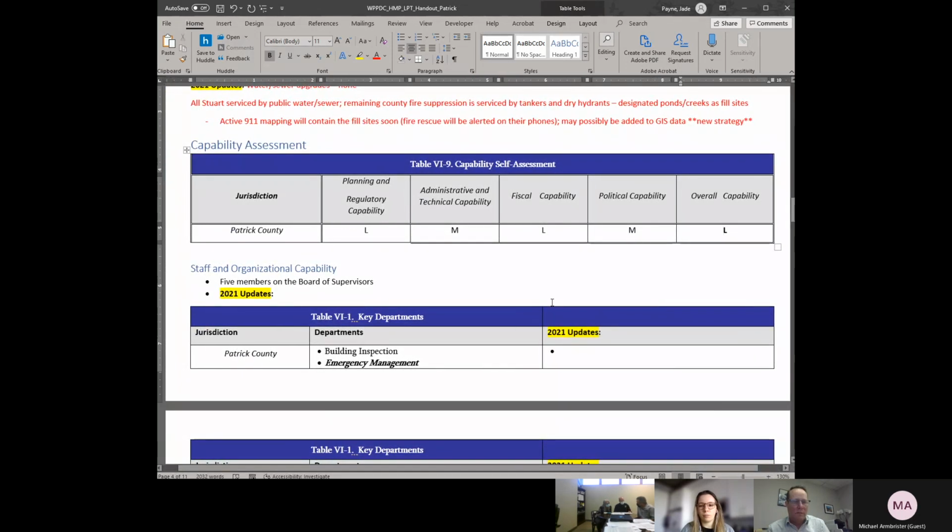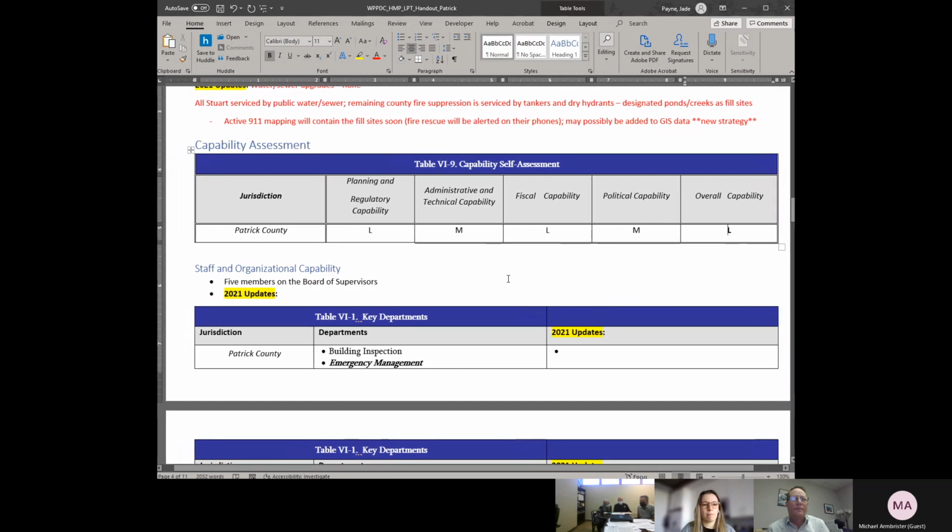Now, which paper are you looking at on the ratings now? Okay, up here, I see it. Yeah, this is a self-assessment. These tables come straight from the FEMA guidance. I'm not a huge fan of this one, but basically what they're getting at is how you think your own planning and regulatory capabilities are rated. Is it low, medium, or high?